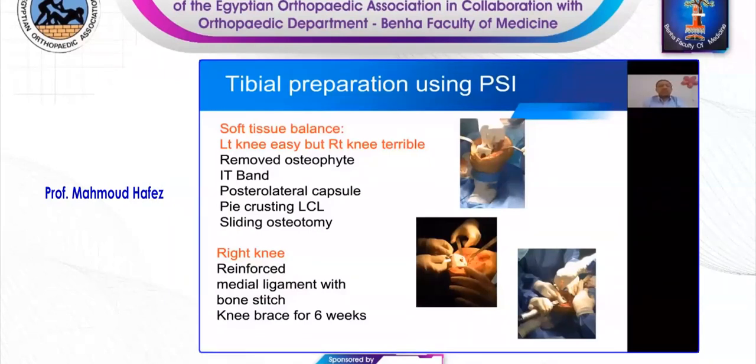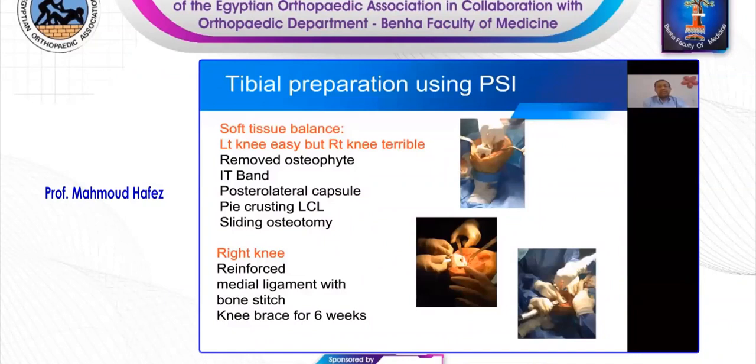With the soft tissue balance, the left knee was easier than the right side, but we still had to do almost all the steps for a valgus correction: removing osteophytes, dealing with the IT band and posterolateral capsule. We also did pie crusting and slitting. With the right knee, we had to do something extra.